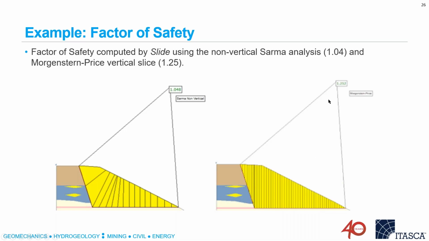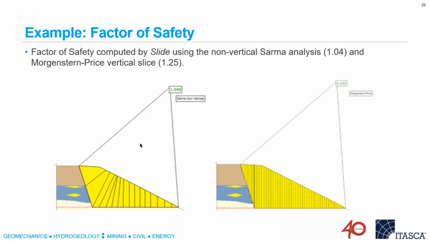And in this particular example, you end up with a safety factor of 1.25. However, if you relax the algorithm and say, well, these slices don't necessarily have to be vertical, I can reformulate that and consider inclined slices, you get a completely different answer. And this is a safety factor of 1.05 compared to 1.25.